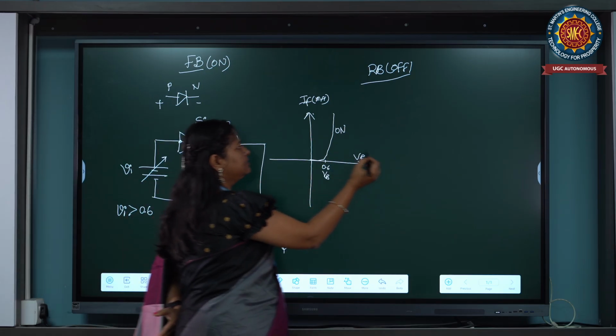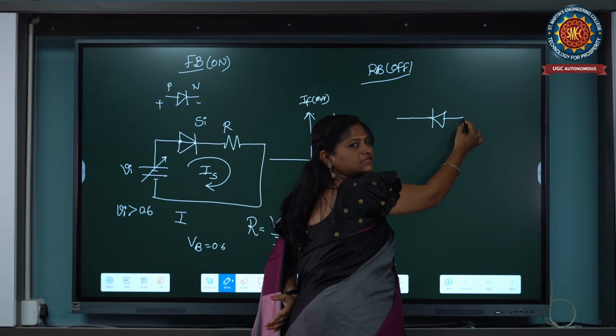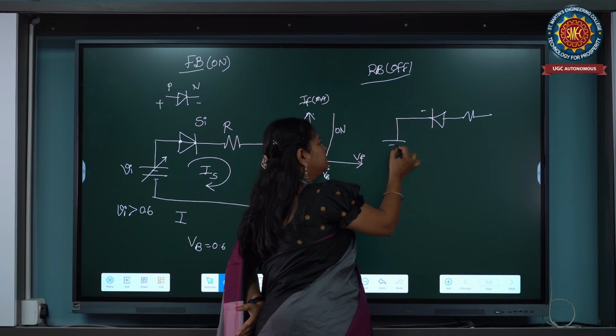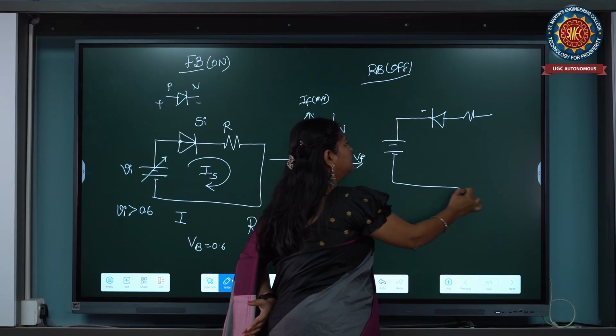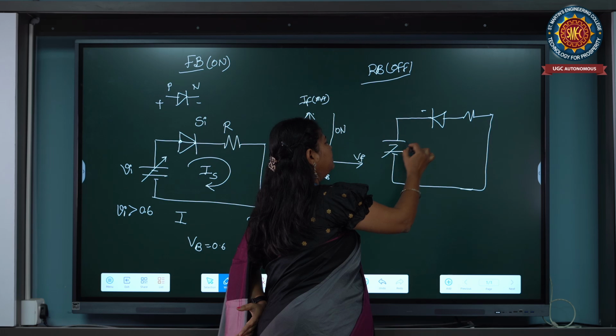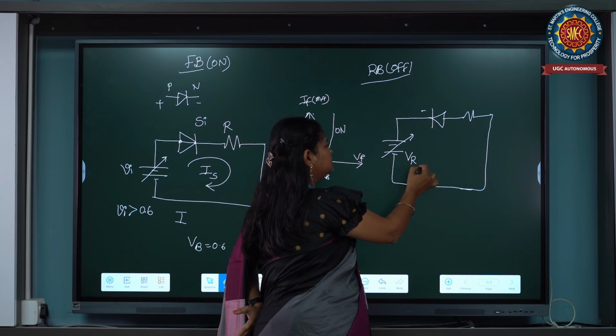Similarly, for reverse bias we change the diode connection: the positive terminal of the diode is connected to the negative terminal of the battery, and the negative terminal of the diode to the positive terminal of the battery, and we vary the voltage. That voltage is the reverse voltage.